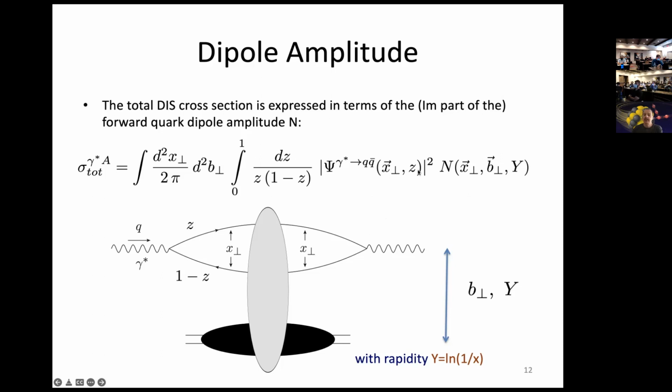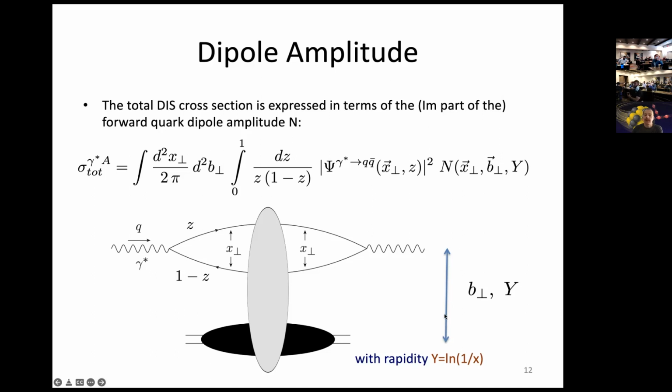If that's the case, we have the wave function squared because x perp is the same on both sides, and then the interactions between this dipole and the proton are described by this function N, which is called the quark dipole scattering amplitude, right? So we have this dipole, the q q-bar pair, scattering on a proton, and we also continue to work in x perp space.